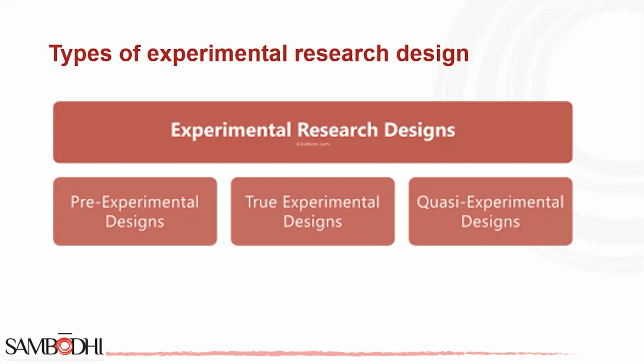Last is quasi-experimental design. Quasi-experimental research design is a partial representation of true experimental research, such that it seeks to establish a cause and effect relationship by manipulating an independent variable. The only difference here is that it does not adhere to random distribution of participants into groups.